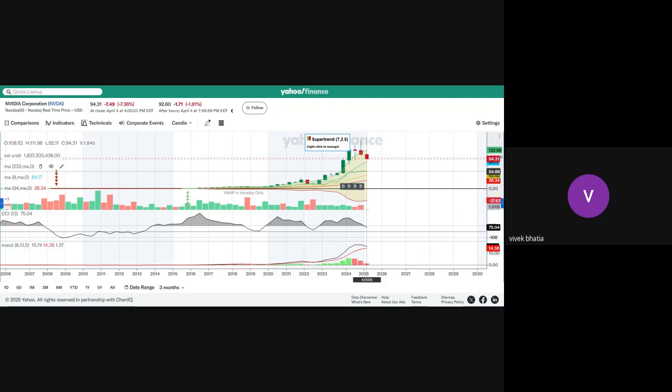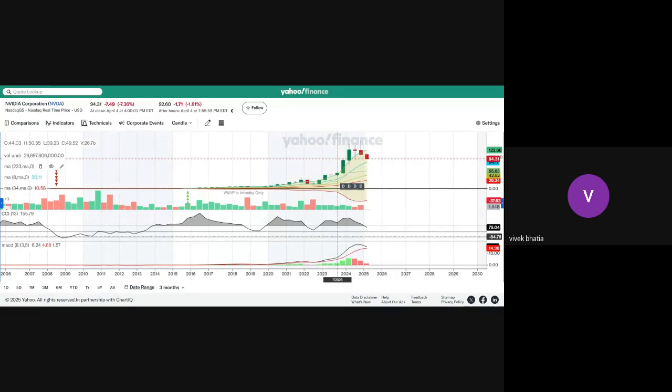But MACD has just turned bearish. The histogram, which was in the positive territory, will turn back and come into negative territory. And NVDA should see a correction, but I don't know as of right now, because of the tariff war, will NVDA have it in its favor?